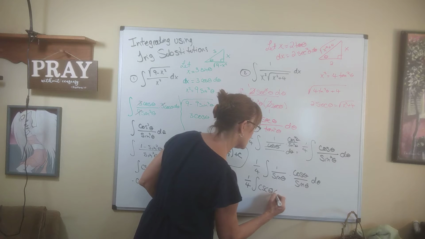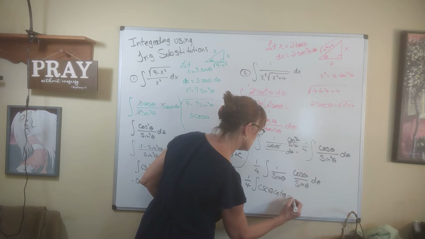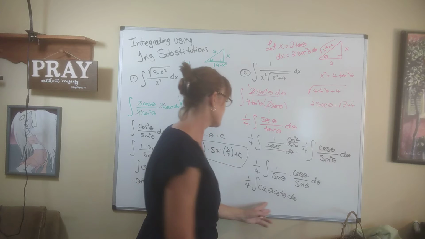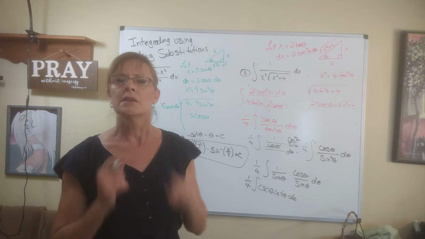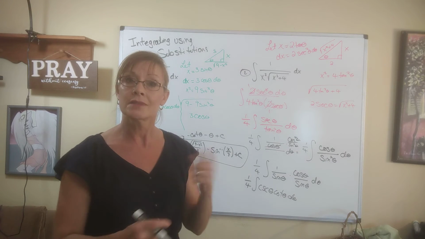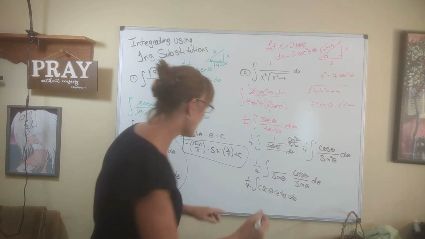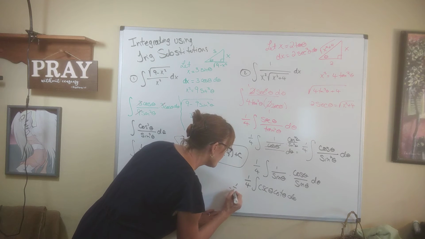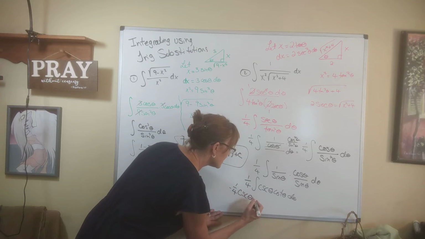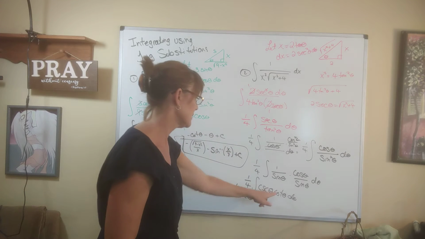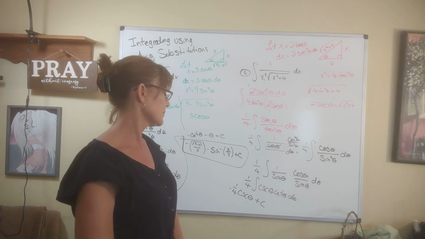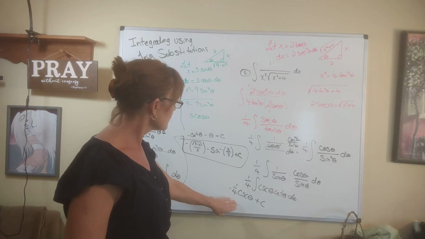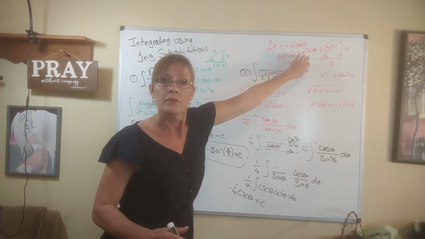Cosine over sine can be called cotangent. This looks familiar to me. This is somebody's derivative. This is the derivative of cosecant, but it's different by a negative. So we have like a negative 1/4 cosecant of theta plus a constant is what this ends up being, because that's the derivative of cosecant besides the negative. So now we'll just rewrite it in terms of x's.